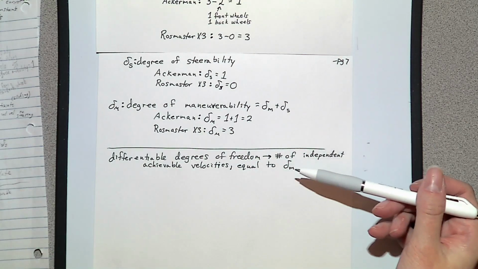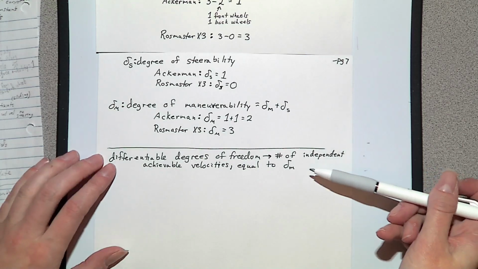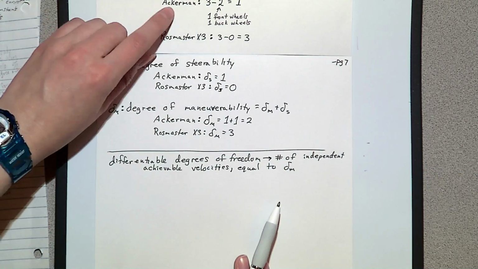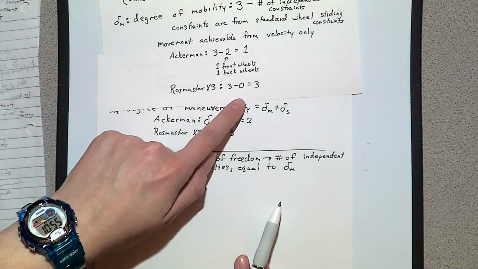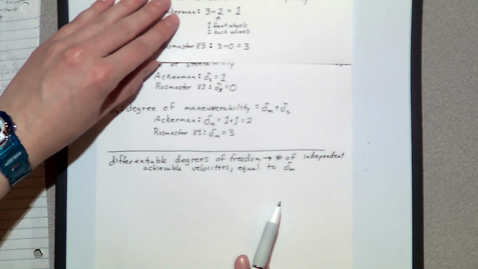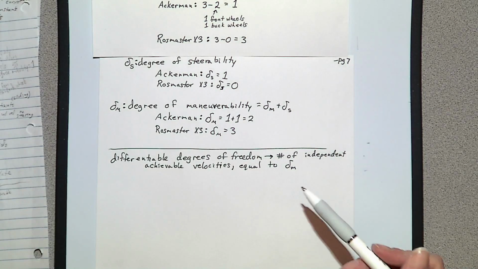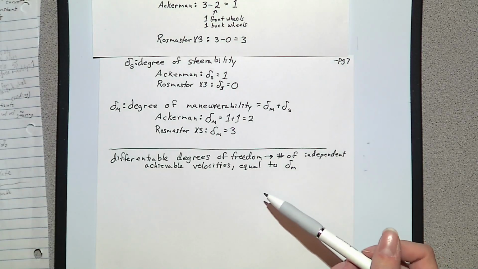For our omnidirectional robot, we had a degree of mobility of 3. So that means that we can independently control our x velocity, y velocity, and theta velocity. And so we can do any combination of those velocities that we want.